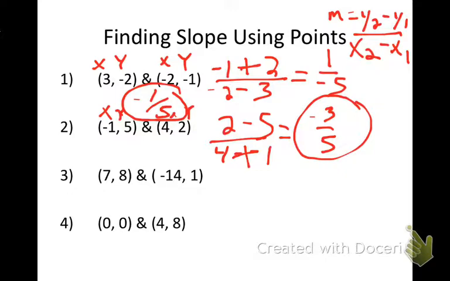I have a slope now of -3/5. The biggest mistake I see students make on these is they want to put the x's on top. Y's go on top, x's on the bottom. Think about the rise, what you're going up, it's vertical. Try numbers 3 and 4. Find those slopes.